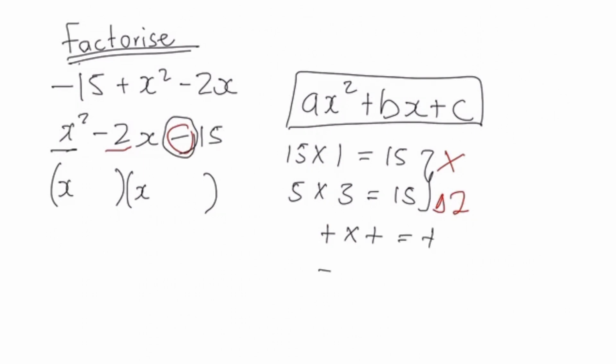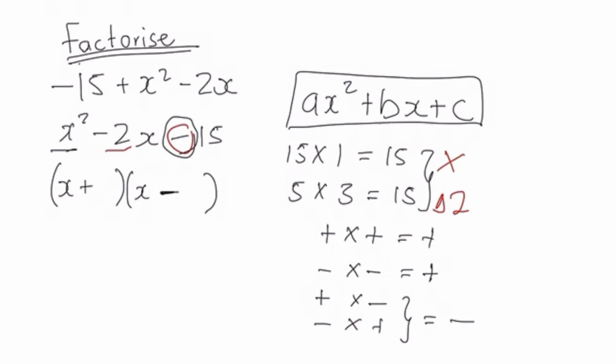If you multiply negative and a negative, you get a plus. But if you multiply a positive and a negative, or a negative and a positive, these will give you a negative. And so to get this negative 15, the signs must not be the same. That will be plus and minus.